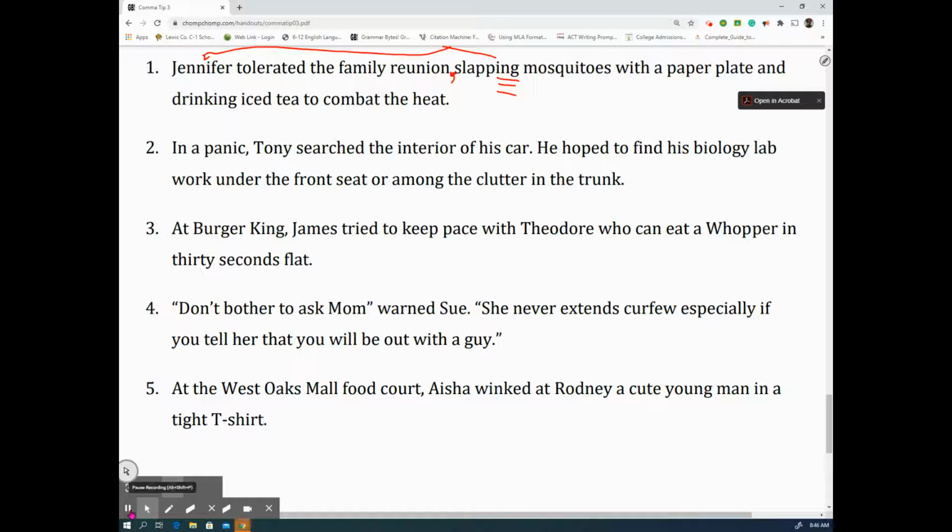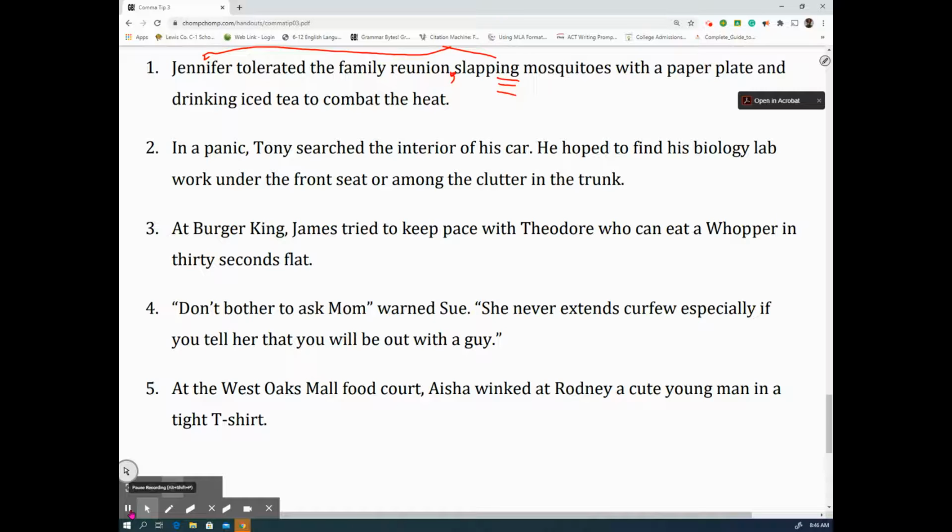That's why it's important for us to be able to see what type of phrases we're dealing with. I just gave you a trick question, but not really. It's not really a trick question. I know we're looking for commas, and any excuse we have to stick a comma somewhere, we're likely to take it.